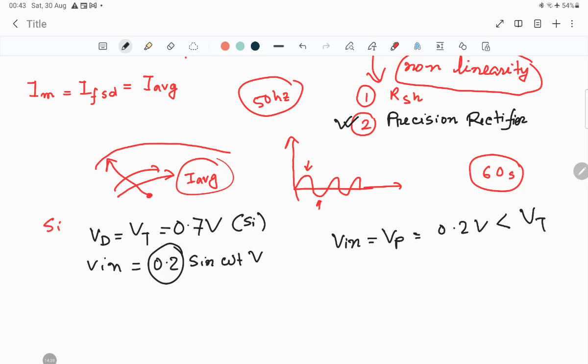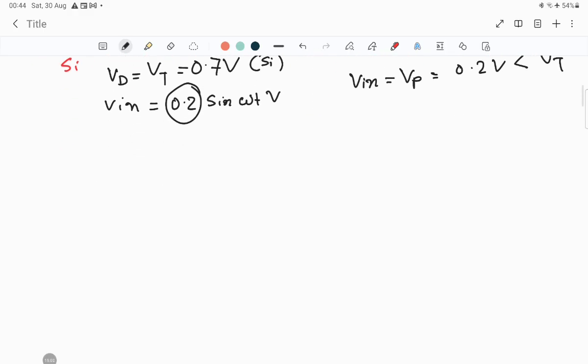So the diode will not be in the activated mode, or forward biasing condition. As a result there will be no current flow through the PMMC. But if we use the precision rectifier, it will ultimately help you work with these low voltage signals. So let us see the diagram of this precision rectifier.